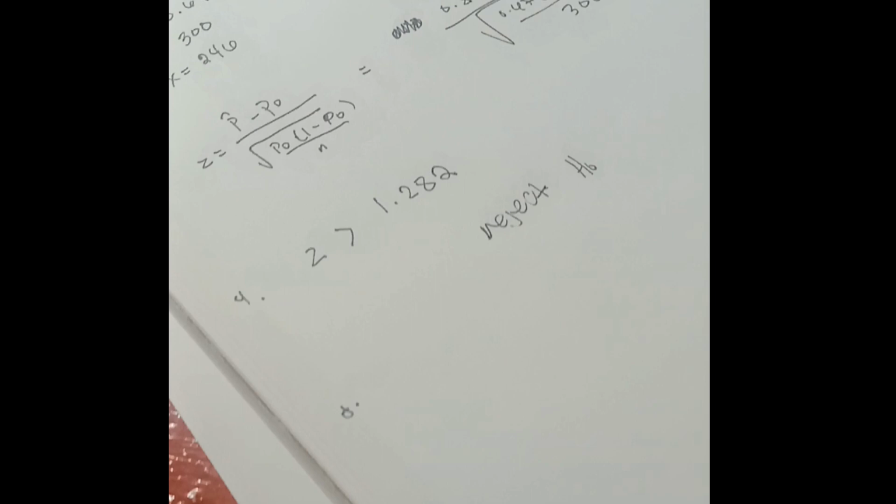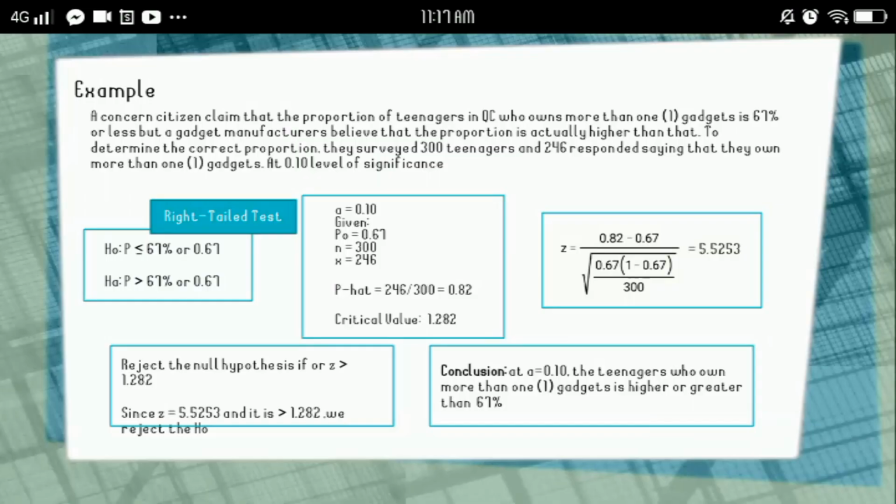So, let's go back sa PPT para mas malinaw. So, right-tailed test ang ginamit natin. Ang null hypothesis, P is less than or equal to 67% or 0.67. And kukontrahin natin siya sa alternative hypothesis, P is greater than 67% or 0.67. Then, yung mga given, significance level is equal to 0.10.